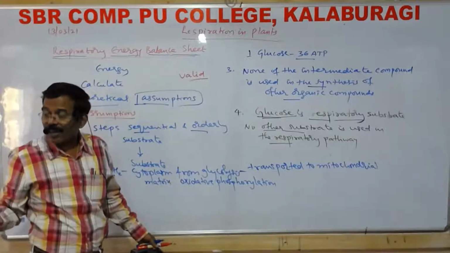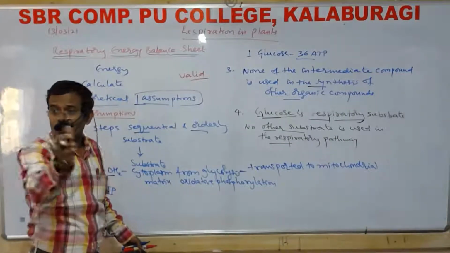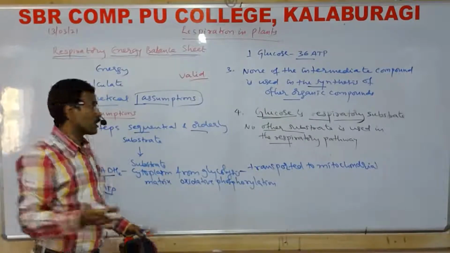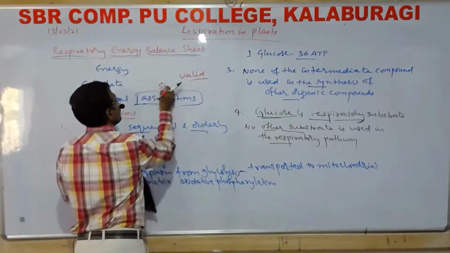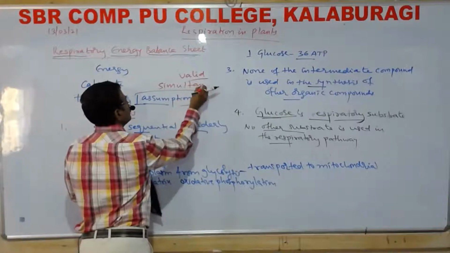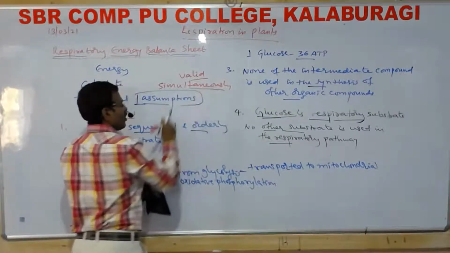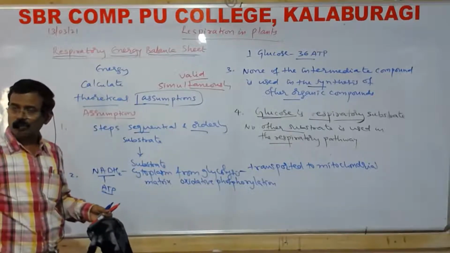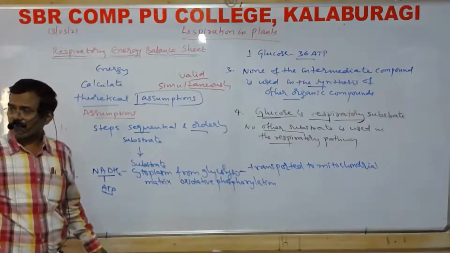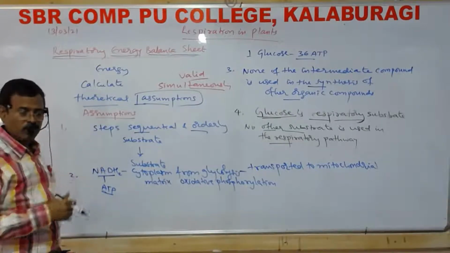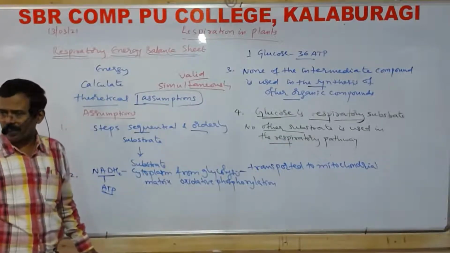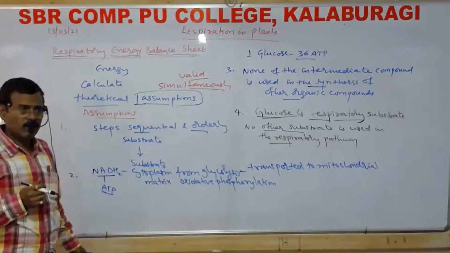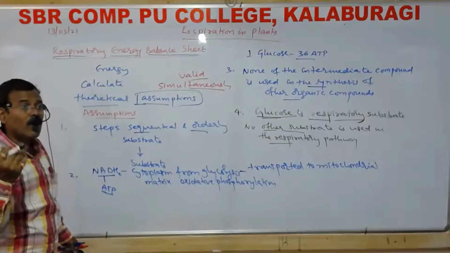Glycolysis, Krebs cycle, ETS with oxidative phosphorylation can occur simultaneously. Respiratory substrates other than carbohydrate, fats can also be used, proteins can be used, even in some cases like succulent xerophytes, organic acids also can be used. So these assumptions are not valid.